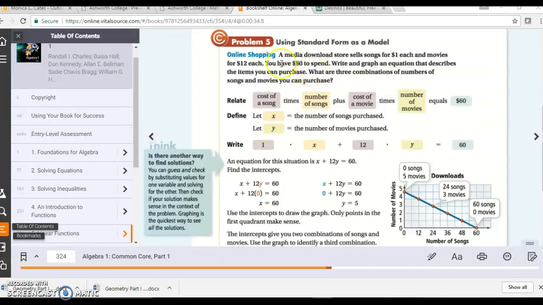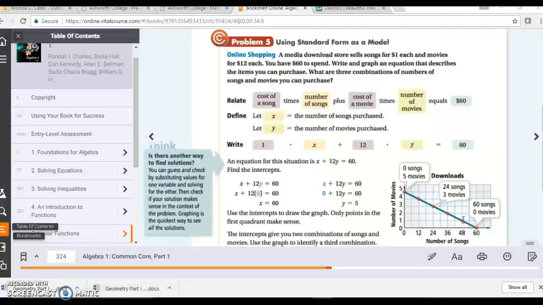And for movies, they're $12, so we can say 12 times y. And then we know that the max we can spend is $60. So 1x plus 12y equals 60. We don't usually have to put the 1 there, so we can write x plus 12y equals 60.